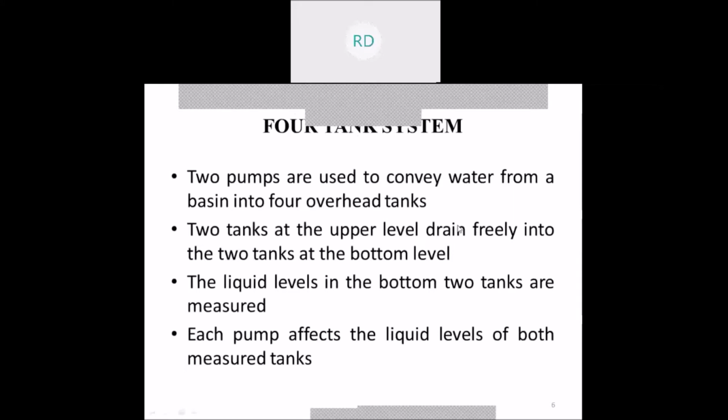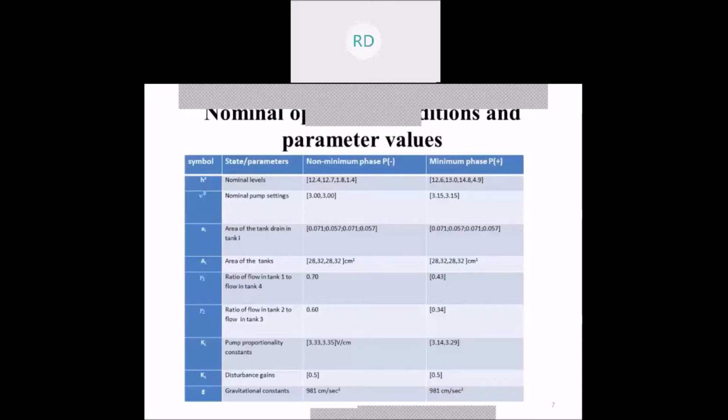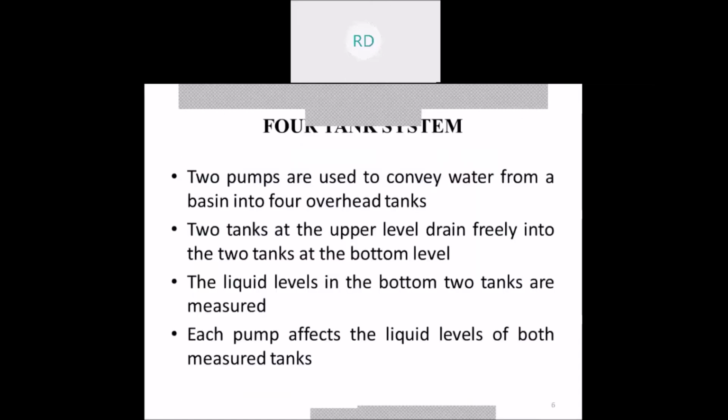Two pumps are used to convey water from a basin into 4 overhead tanks, with two tanks at the upper level draining freely into the two tanks at the bottom level. The liquid levels in the bottom two tanks are measured. Each pump affects the liquid levels of both measured tanks.